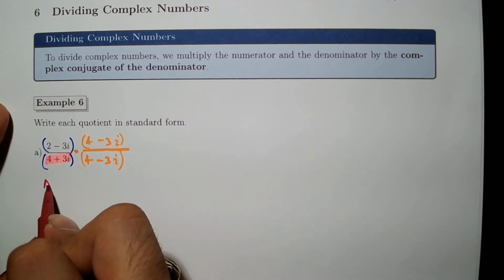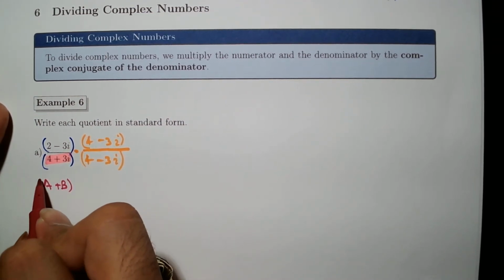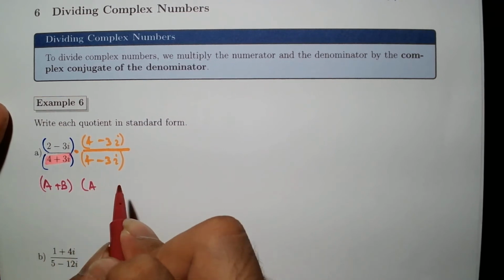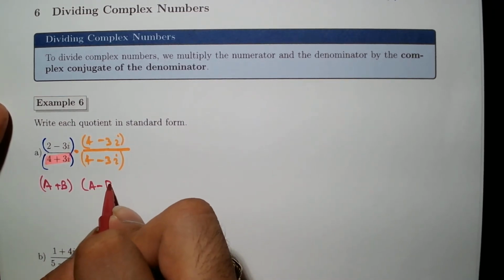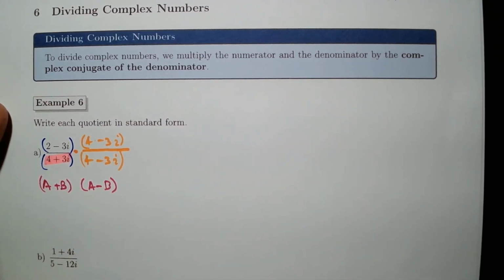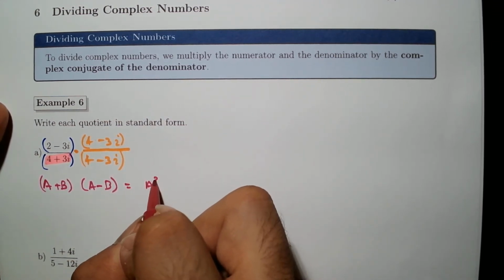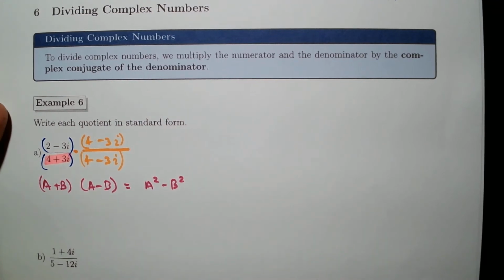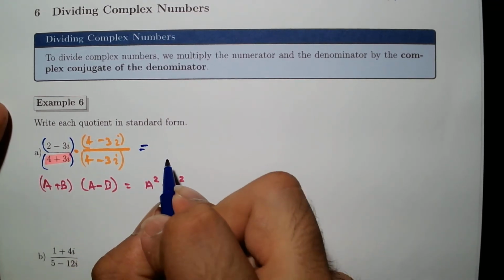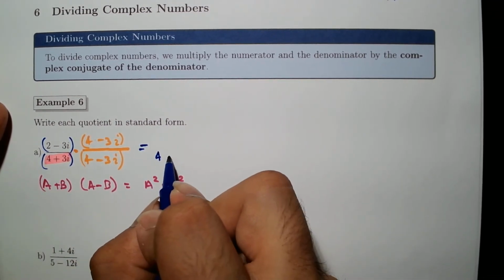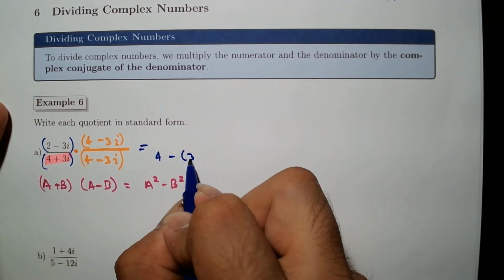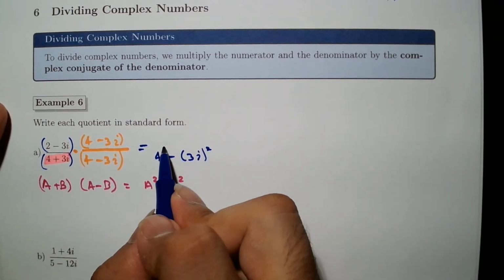You should get the same result. However, for this one right here, I'm going to take advantage of it, and I'm just going to use a squared minus b squared. So a, which is 4, minus 3i squared.